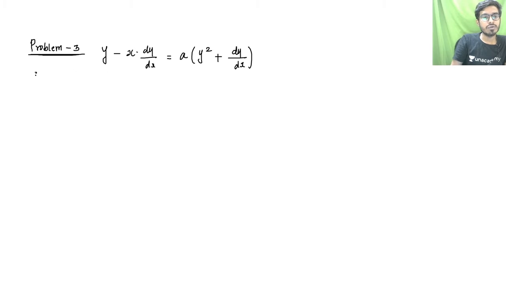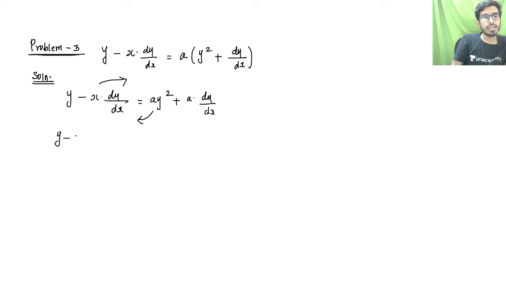Before that, we will simplify this. So we will have y minus x into dy by dx is equal to a y square plus a into dy by dx. Now you take dy by dx common, take this term to that side and that term to this side.